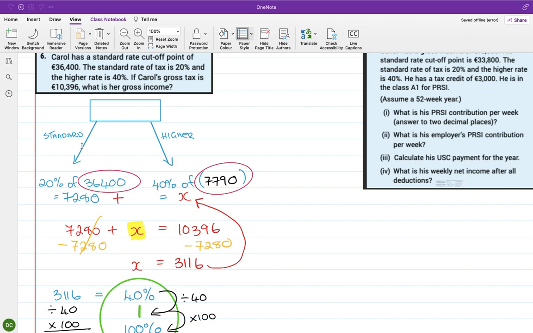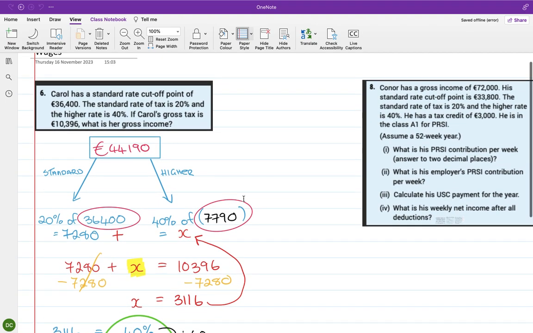So 36,400 plus 7,790, and I'm getting a gross of 44,190. Sorry, I'm just working it through in the normal order to make sure everything works, and it does. 10,396 is the gross tax. All right, that's that one.